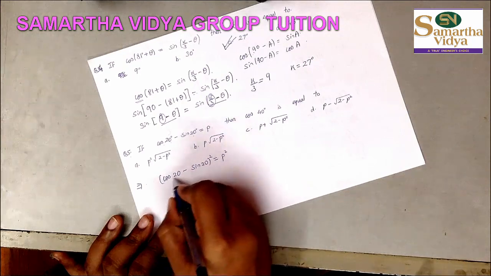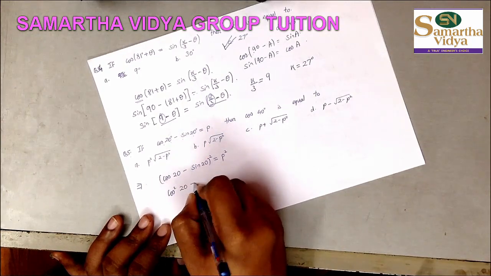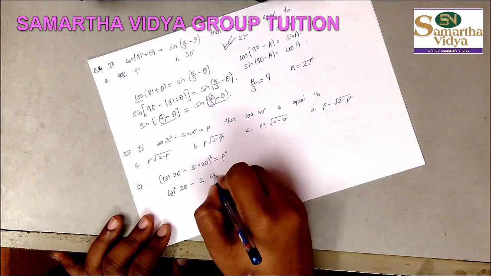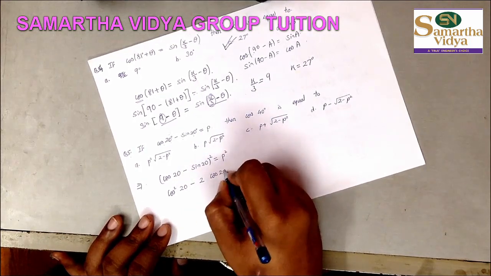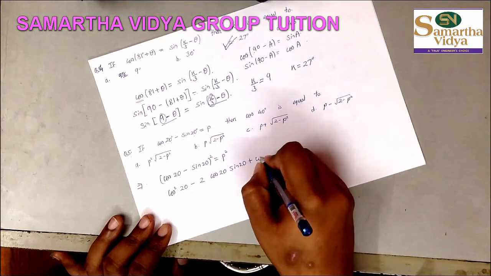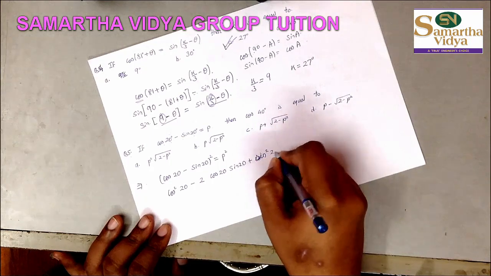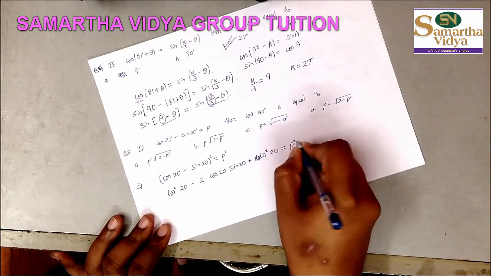So now this is my a minus b the whole square, which is cos square 20 minus 2 cos 20 sine 20 plus sine square 20 is equal to p square.